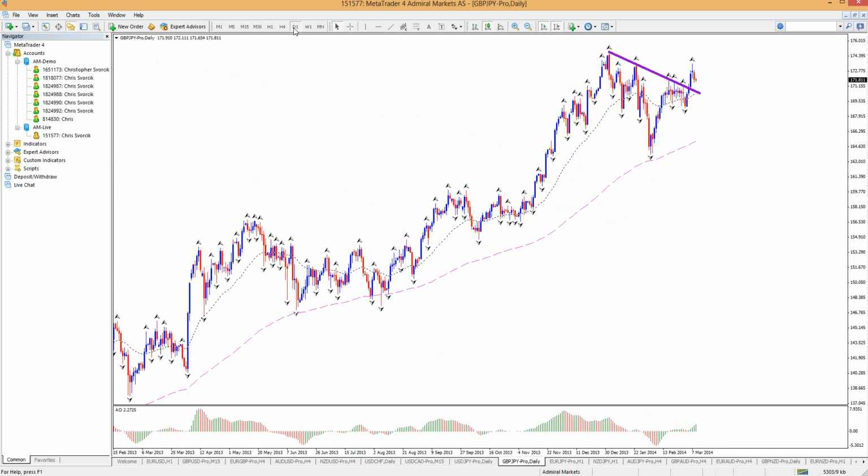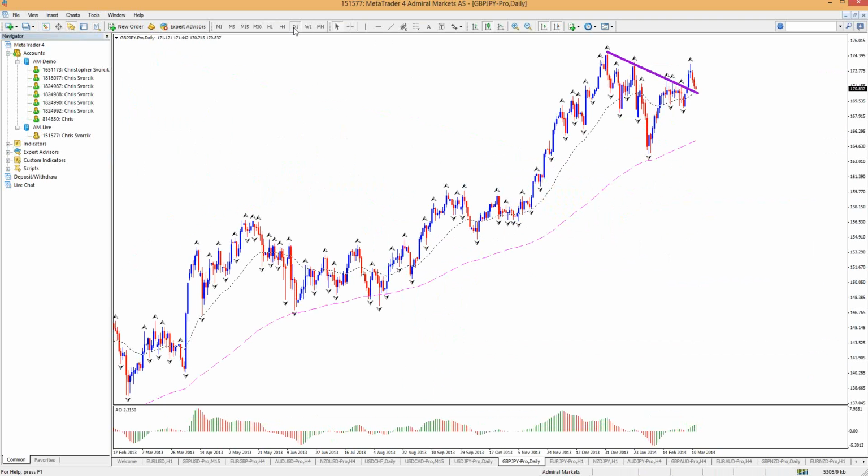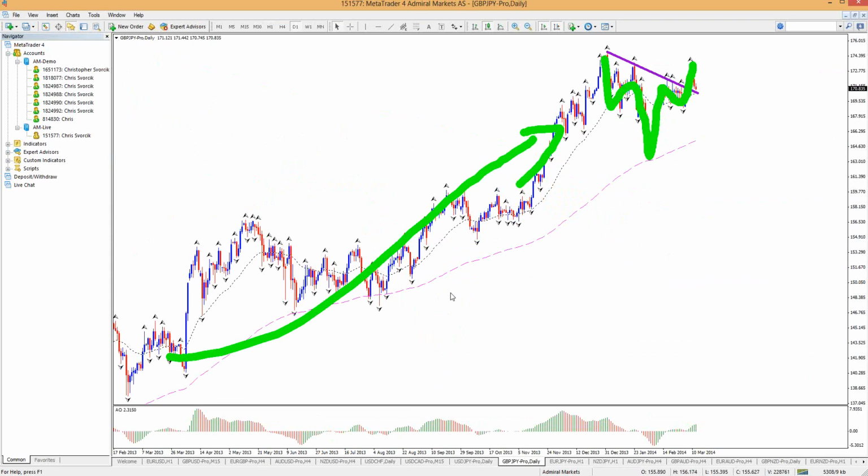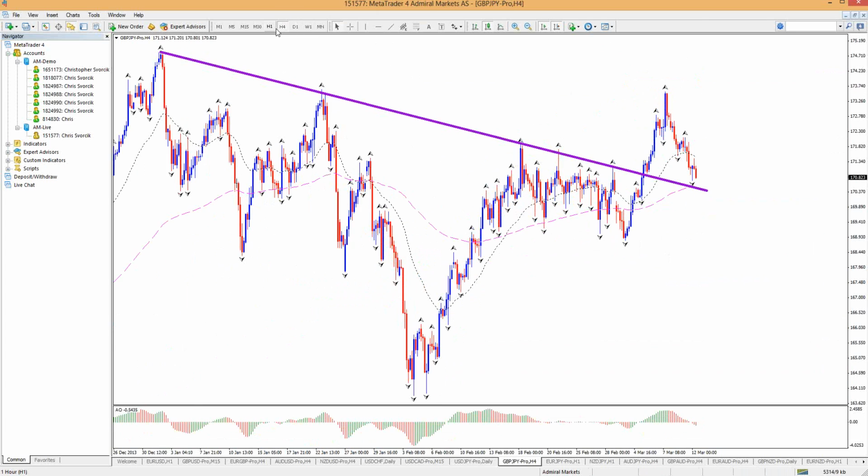If you look at the daily, though, there's a lot of upside momentum here. However, this was a sturdy correction. This could be a correction as well. So personally, I would be a bit neutral here. I don't see any favorites at the moment that I really would want to look for.